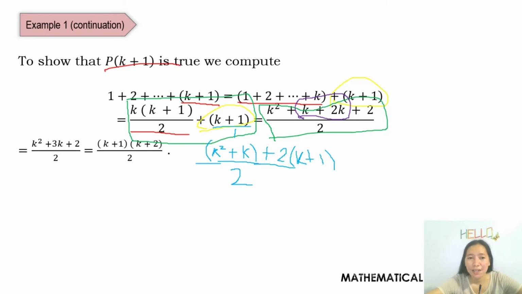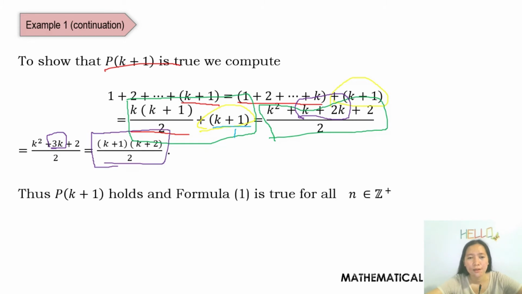So it becomes now 3k: k squared plus 3k plus 2 all over 2. And we factor out k squared plus 3k plus 2. That would be k plus 1 times k plus 2 all over 2. Thus, P of k plus 1 holds and formula 1 is true for all n element of positive integers.